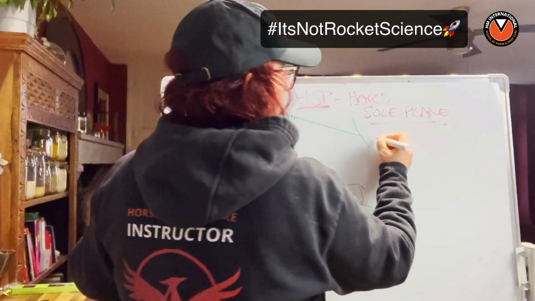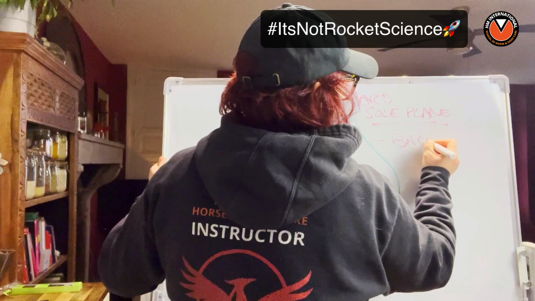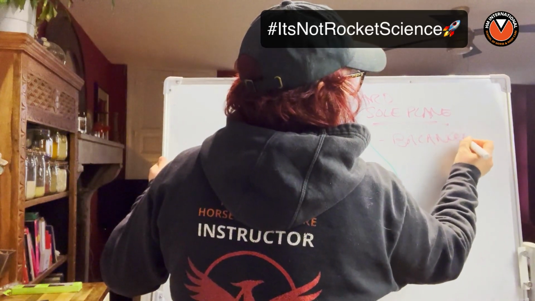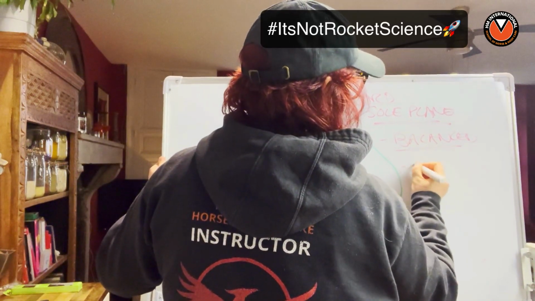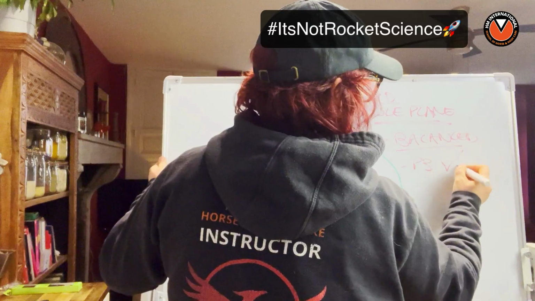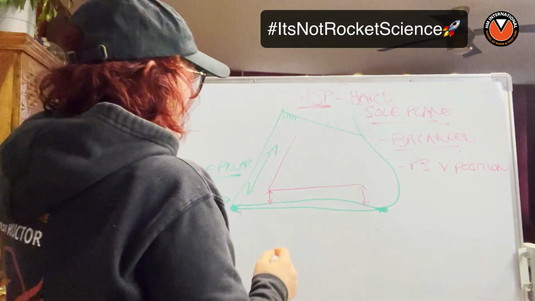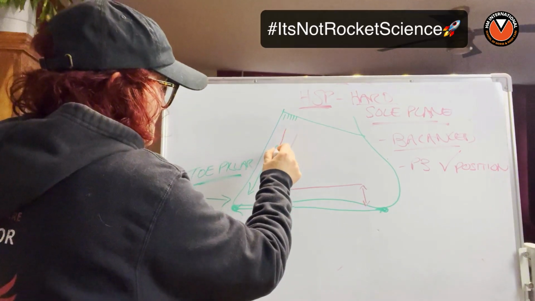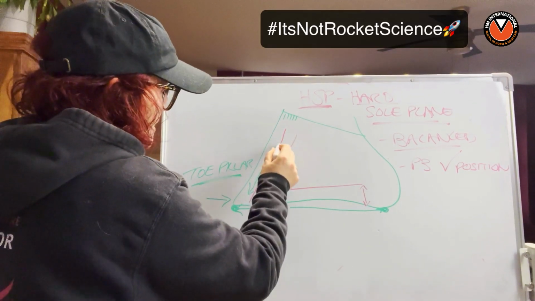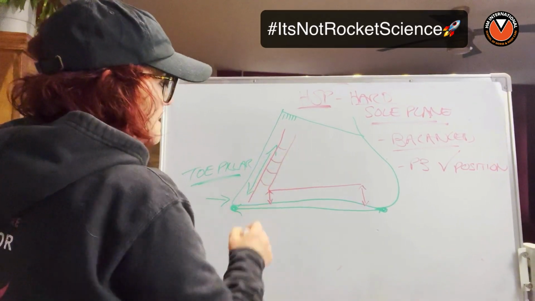This foot here is balanced. The horse has P3 in the right position. All is good. The laminae down here that are connected are not separated.